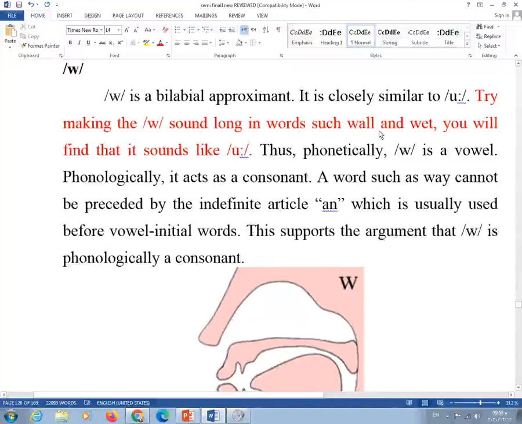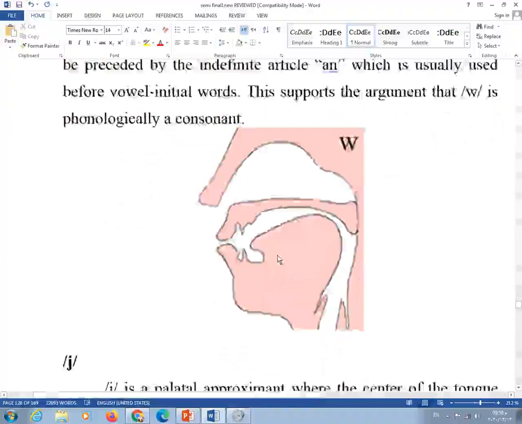Okay, wall. If we prolong the W a bit, we get oo. That's why we say a long W. Wall, prolong the W a bit. Wall. What? Just like that, if you prolong it, we get ee. This is how what is pronounced.